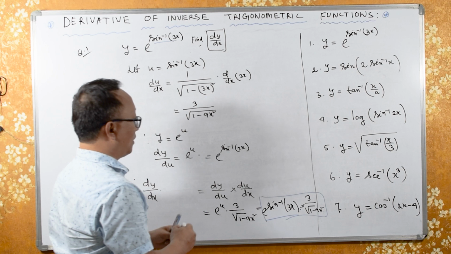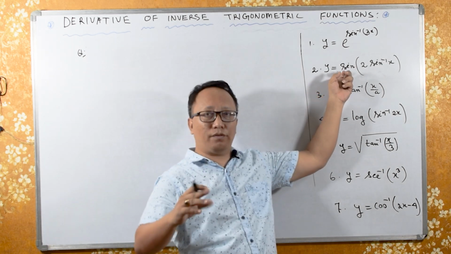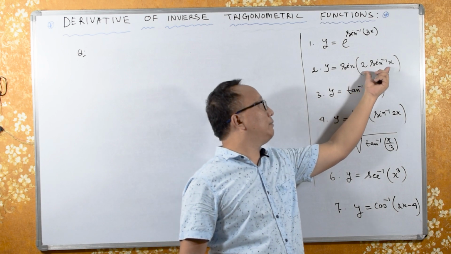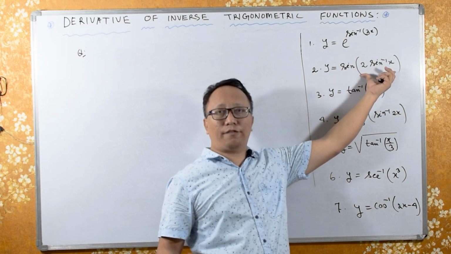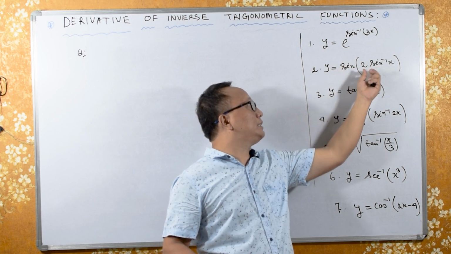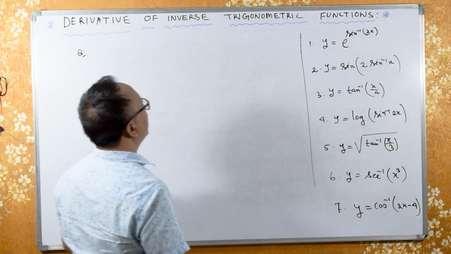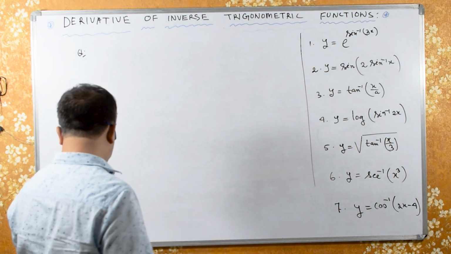Now the next sum is y equals sine of 2 sine inverse x. This is the angle for the first sine. Let's find its derivative.